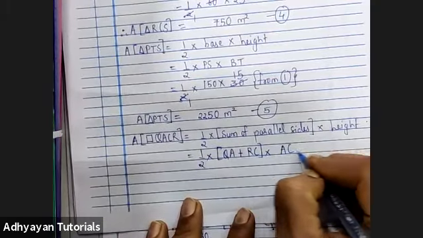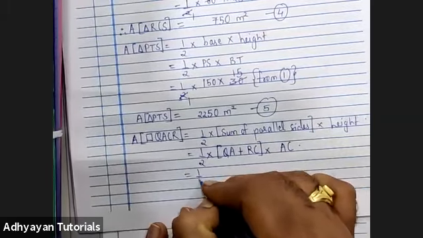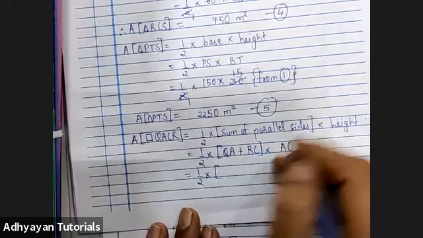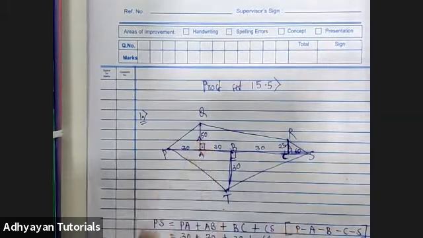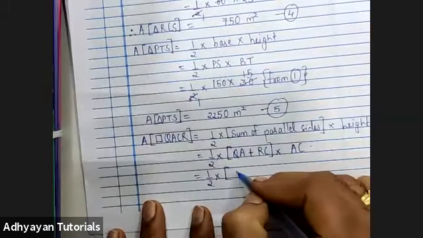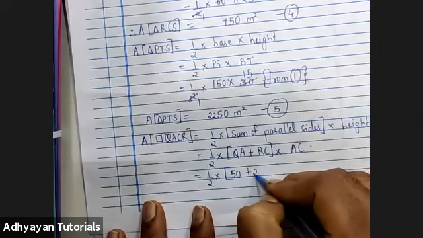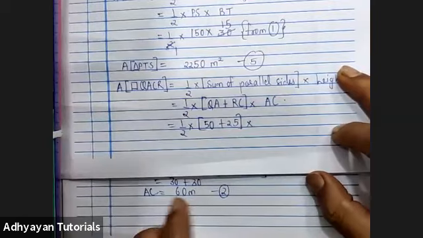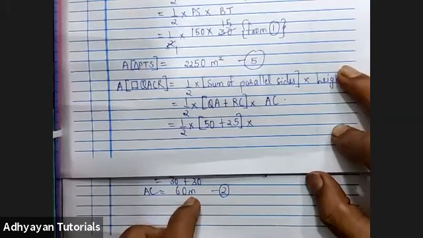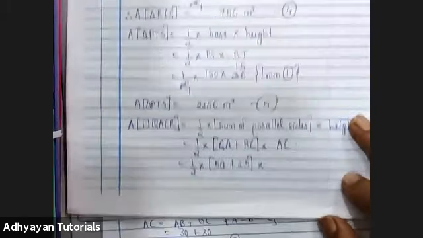So height is AC. Now, half into QA and RC's value is directly given, 50 and 25. 50 plus 25 into AC's value, if you remember, we found on the last page, it was 60, right?